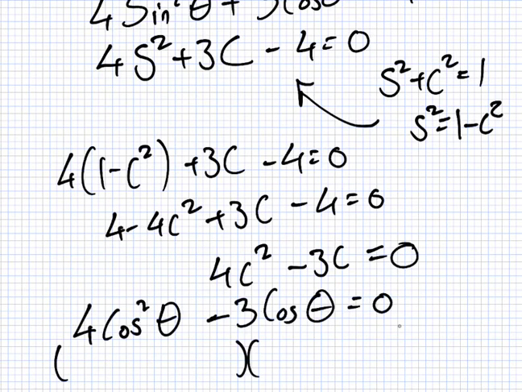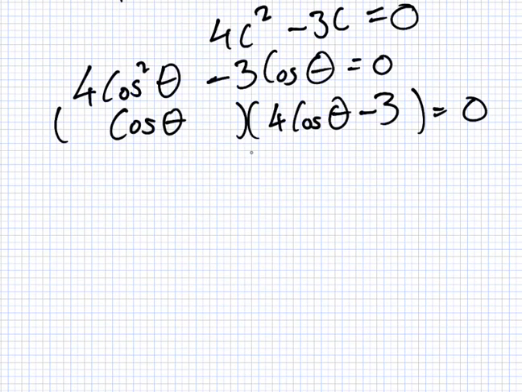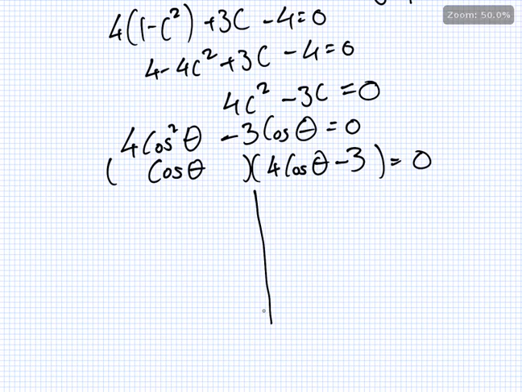Factorizing, I can take out cos theta and I'm left with 4 cos theta minus 3. So I have 2 answers to consider. The first one is cos theta equals 0 and the second one is cos theta equals 3 over 4.